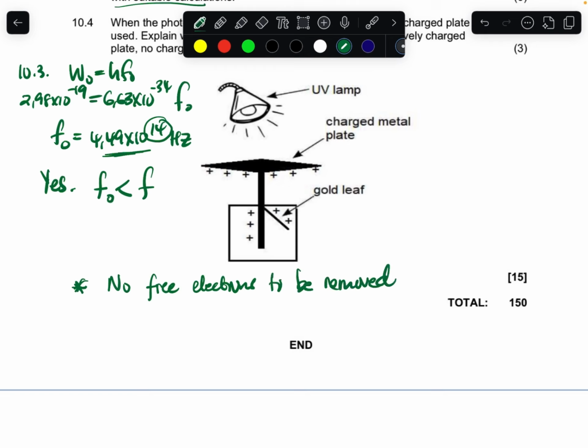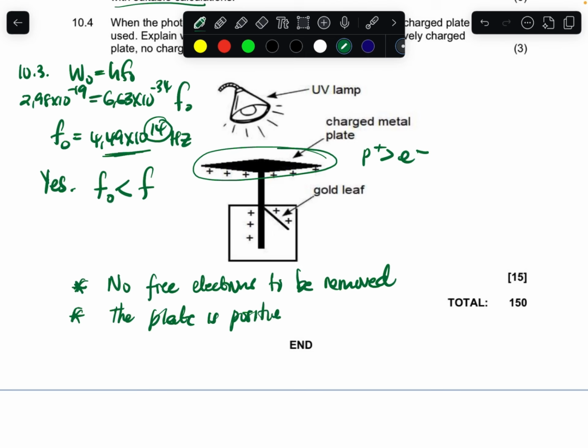When something is positively charged, guys, that means the protons are more than the electrons, right? And the next thing that we'll say is that the plate is positively charged, which means it lacks electrons. It has an electron deficiency.